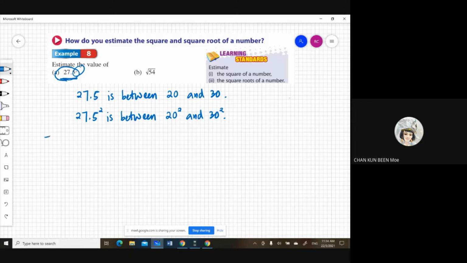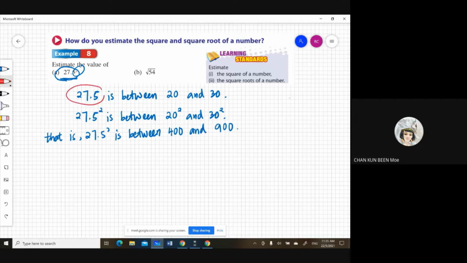This one is up to you, you can write down, I just follow the book over here. So 27.5 squared is between, and we need to find the value of 20 squared. If you are good enough, 20 times 20 is equal to 400, and 30 squared, 30 times 30, is equal to 900. After that we are going to determine whether 27.5 is nearer to 20 or 30.